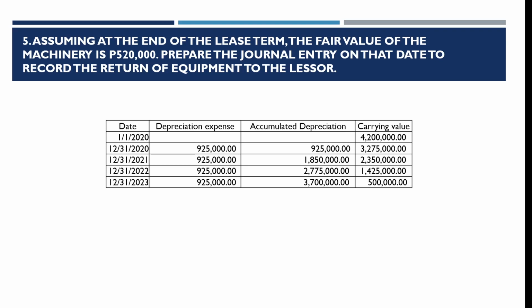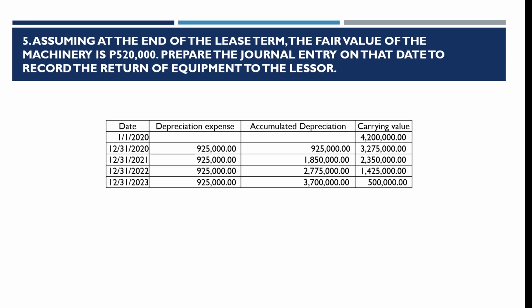Then, at the end of the lease term, magkano na lang carrying value natin? 500,000, which is equal to the guaranteed residual value. Okay, so nandyan na yung carrying value ng lease liability, pati na rin yung carrying value ng right of use asset at the end of the lease term.